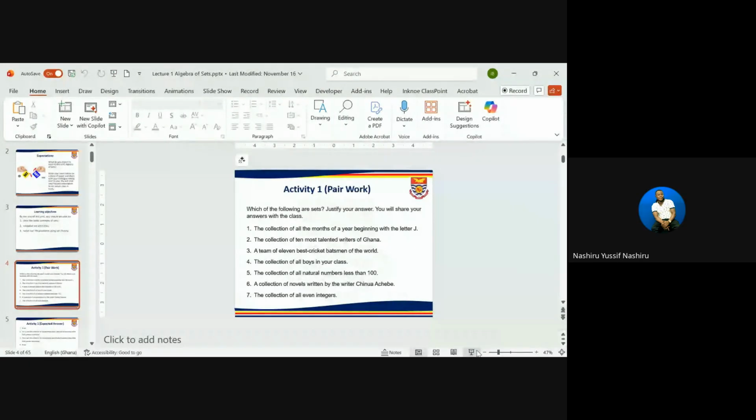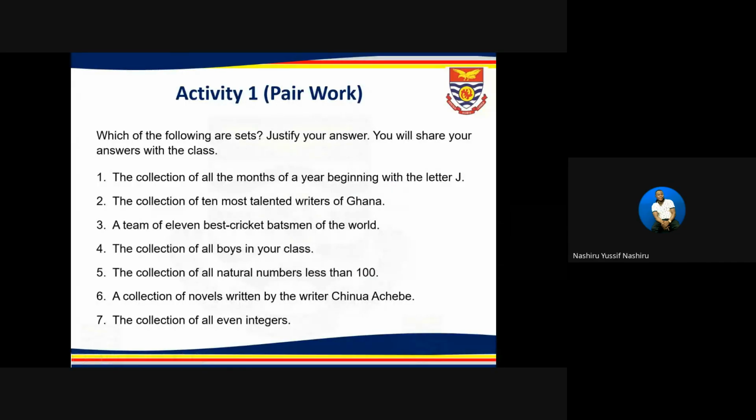Then the second item. The collection of 10 most talented writers in Ghana.